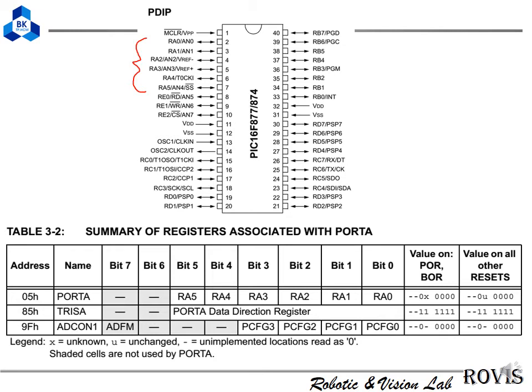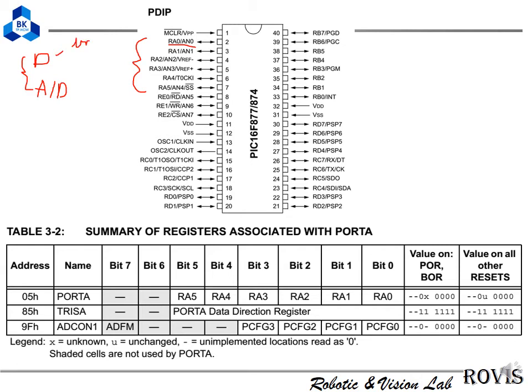Then you can see that, for example, pin 2 has the symbol RA0 and AN0. That means pin 2 has 2 functions: the digital function and the analog-to-digital function.